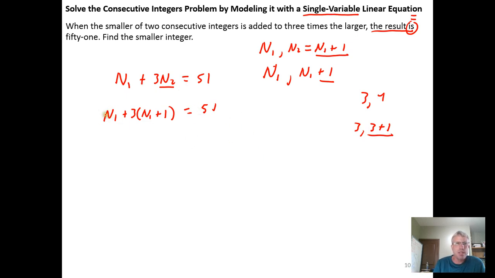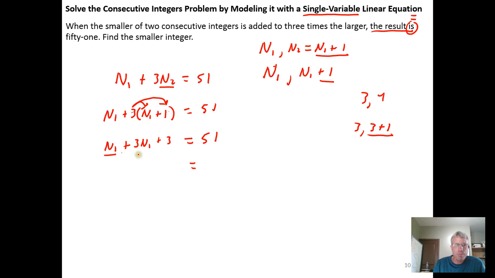And then once I do this, I have a linear equation in a single variable, and I can just solve it. I have 51 here. I have n sub 1 plus, distribute the 3 into the parentheses using the distributive property, so 3 times n sub 1 plus 3 times 1 is 3.